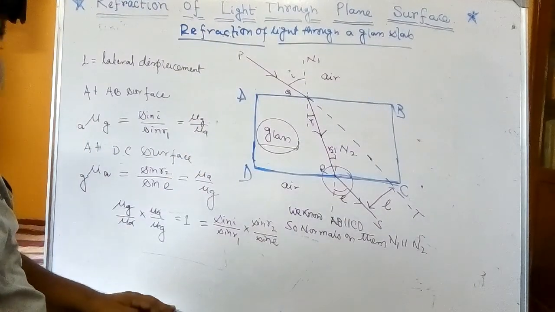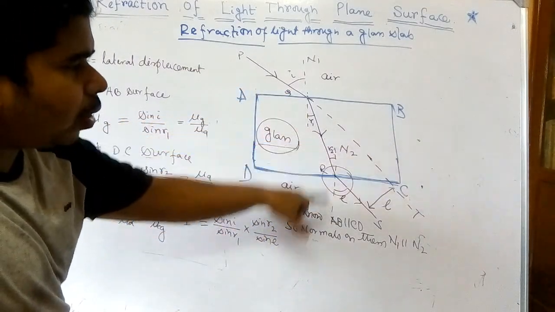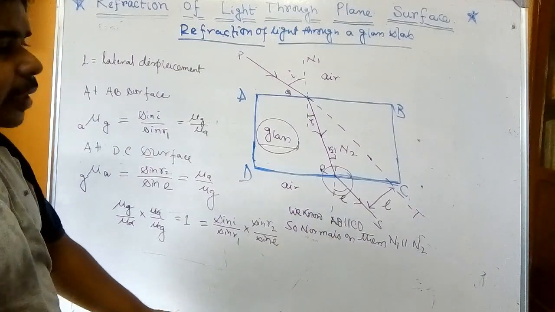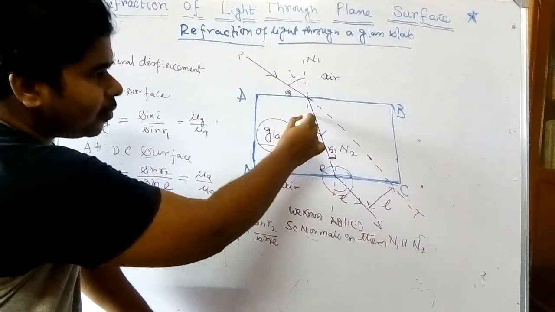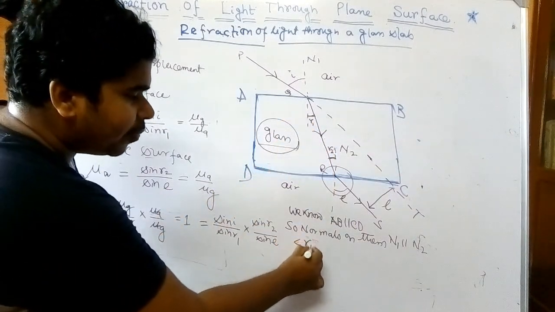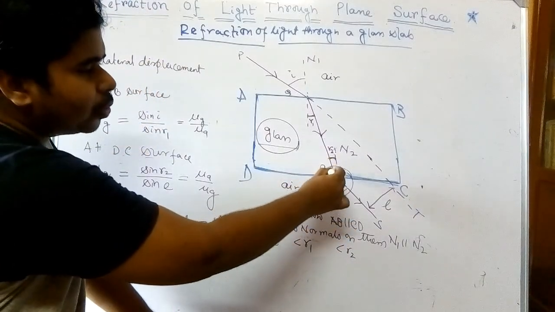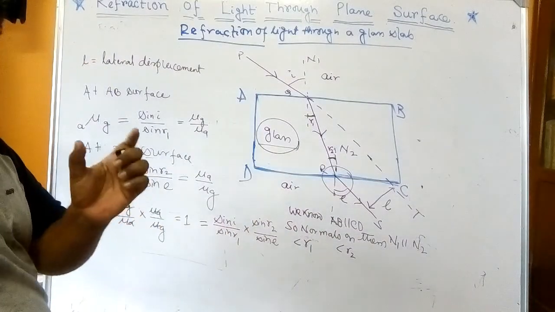These two are also parallel, because if AB and CD are parallel, then the normals on them are also parallel to each other. Now you see R1 and R2, these two angles.